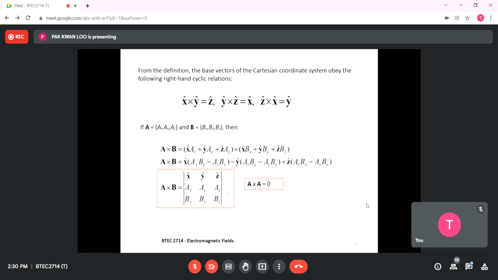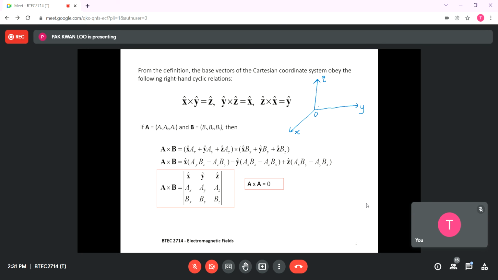From the definition, the base vectors of the Cartesian coordinate system obey the following right-hand cyclic relation. I can show you what this means. Let's say I draw the 3 dimensions. These lines are all perpendicular to each other.